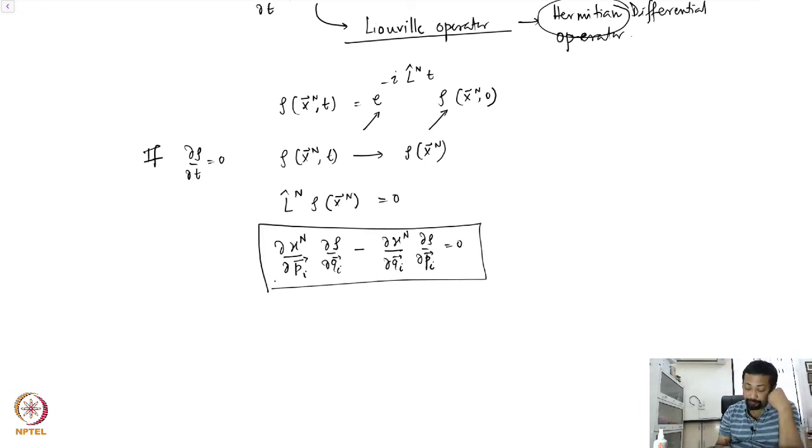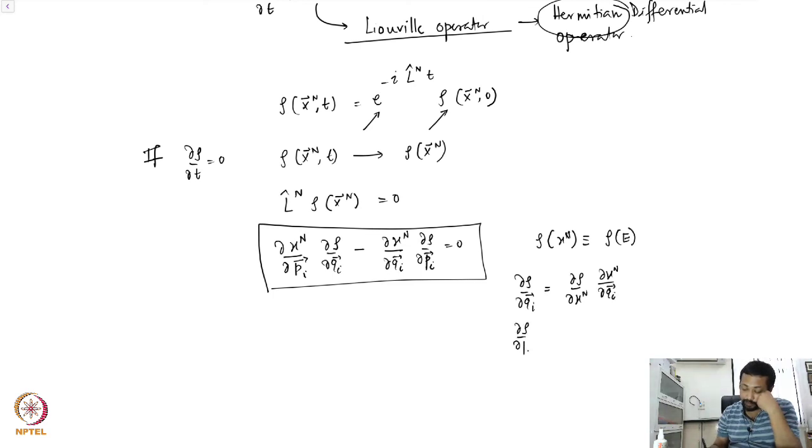This can only happen when rho is a function of hn, which is equivalently like saying that rho is a function of the energy. If that is the case, then you can see that del rho del qi is del rho del hn del hn del qi, and del rho del pi is del rho del hn del hn del pi, right?